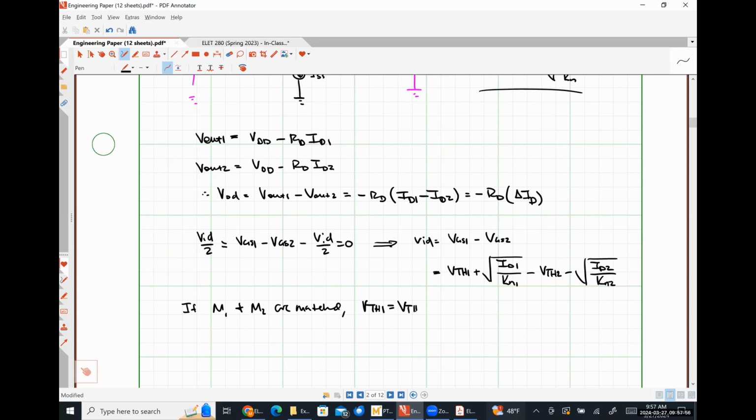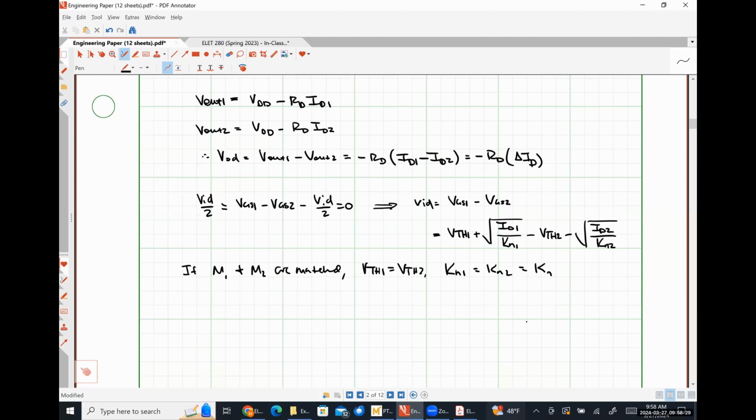VTH1 is equal to VTH2, and KN1 is equal to KN2, and so we're just going to call that KN. So if VTH1 and VTH2 are equal to each other, the threshold voltage portion of our differential input voltage goes away. We're just left with the square root of ID1 over KN minus the square root of ID2 over KN.